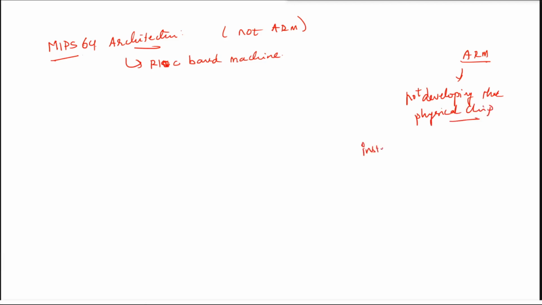Instead, what they are giving is the IP core. What is IP? It is intellectual property. So the IP core is the intellectual property.